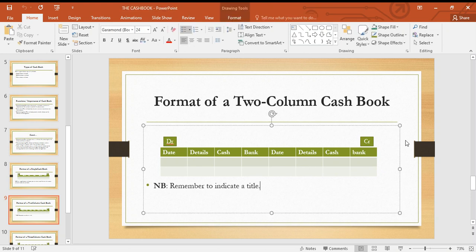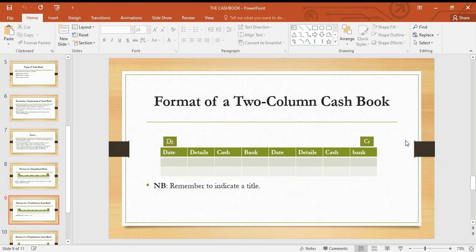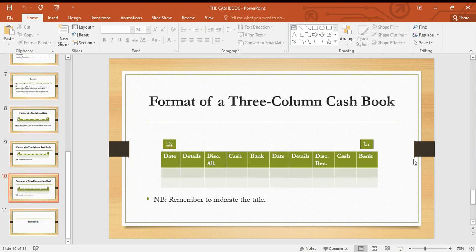Okay, for every cash book you prepare, remember to indicate a title. Never forget that one. Then our last one, we look at the format of a three column cash book. We have the DR side. Here we record date, details, discount allowed.